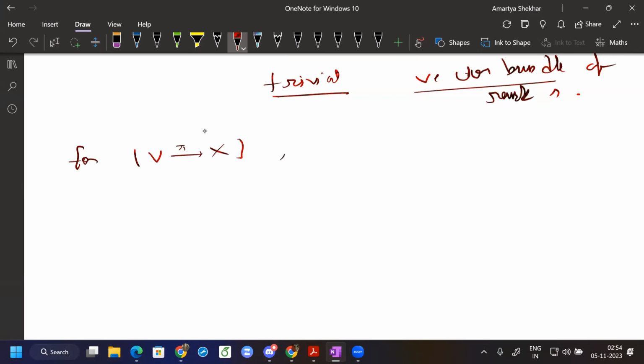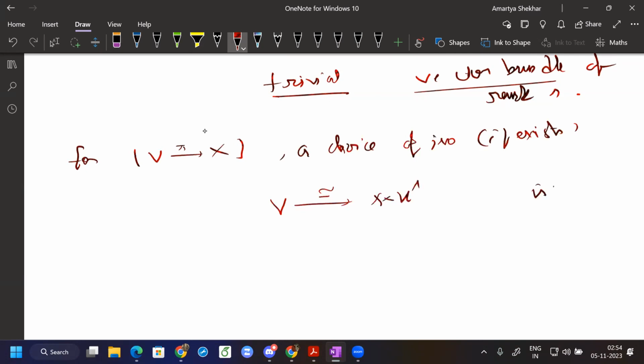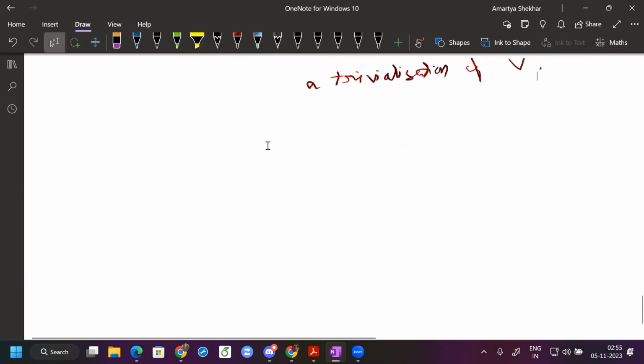For a vector bundle over X, if we have an isomorphism, a choice of isomorphism if it exists, it's called a trivialization of the vector bundle.